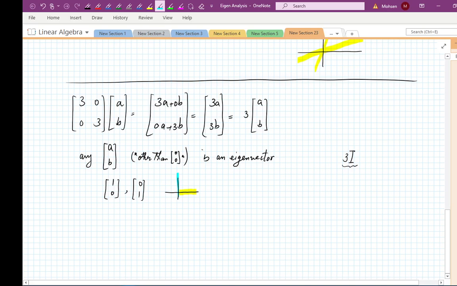But pretty much any other two, so long as they're not proportional to each other, would have done the same job for us. So these are our eigenvectors.